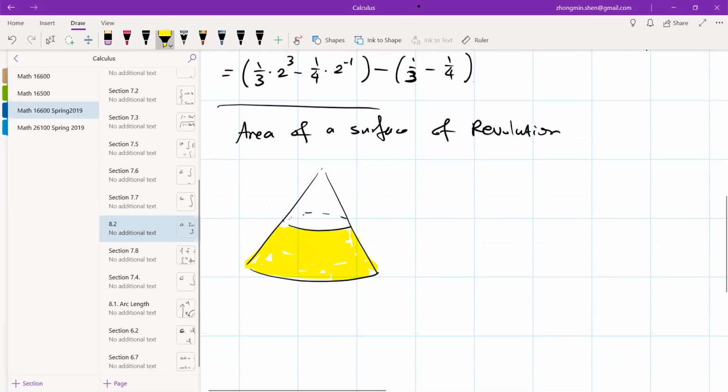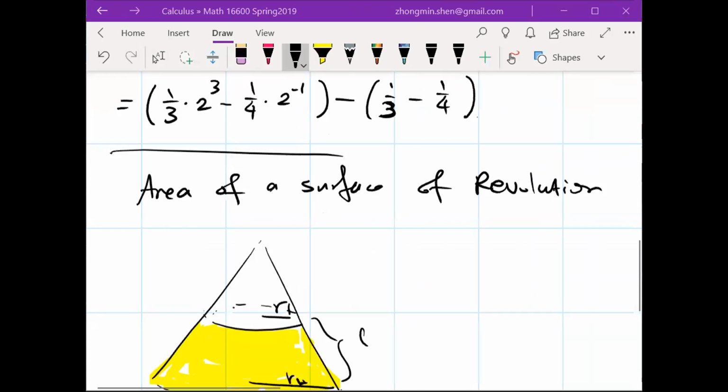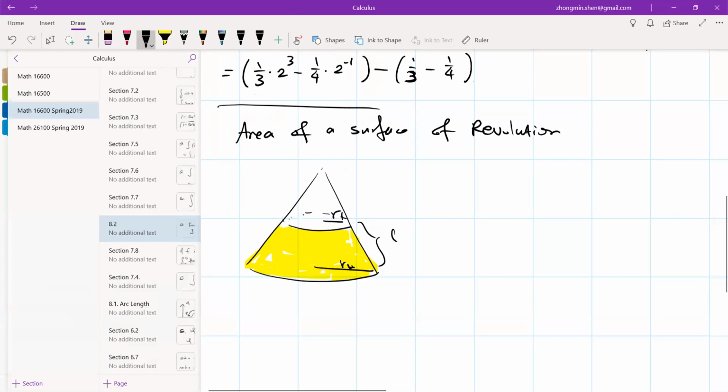This cone is a very special surface of revolution. Using elementary mathematics, if this is the slant length L, and this is radius 1 and that's radius 2, the formula is given in the book.